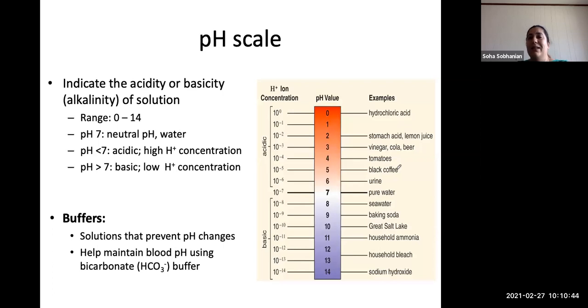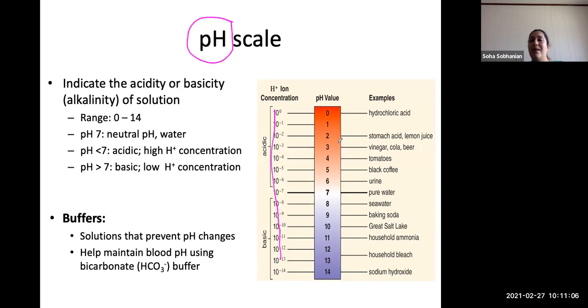So look at what we call the pH scale. pH just basically implies that we're talking about acidity and basicity. The range for that is 0 to 14. You guys can ignore these other numbers, I'm not going to talk about them.